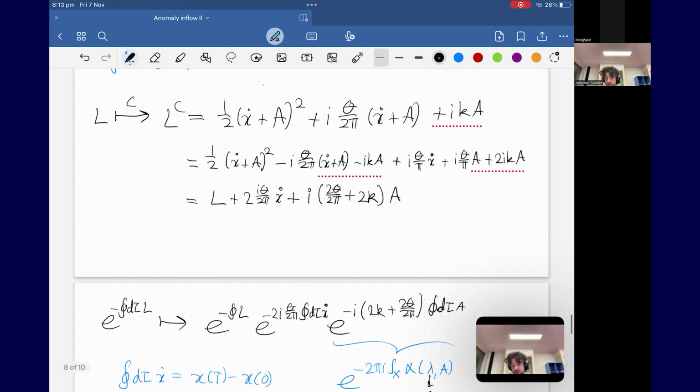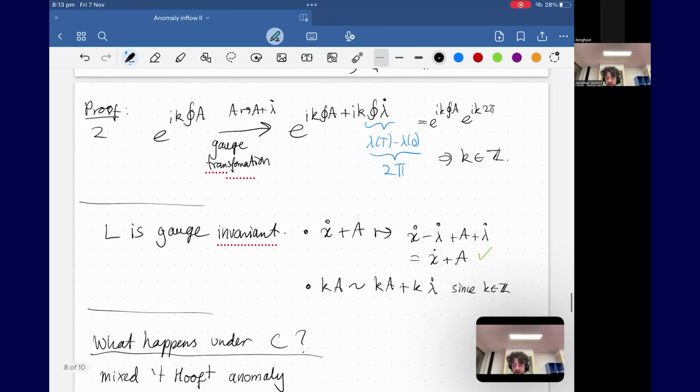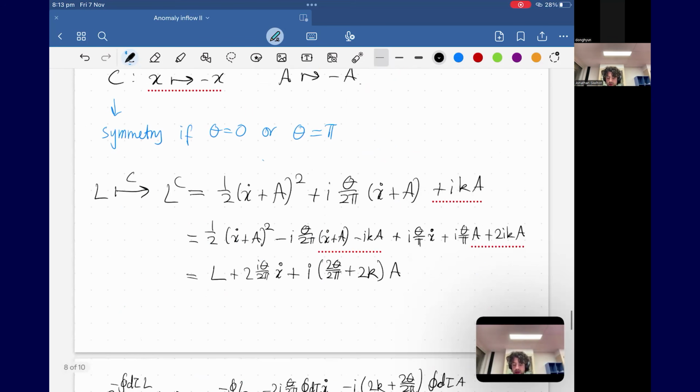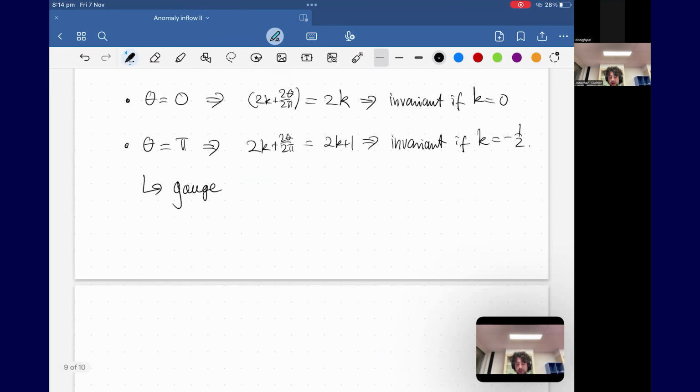As I just said before, in order for this to be gauge invariant, it has to be k an integer. So there's the issue. So this is why we call this the theta equals pi phase an anomalous phase. So gauge invariance requires k in Z.